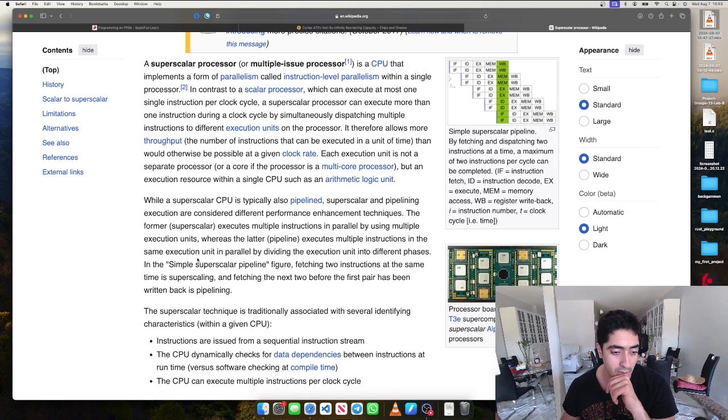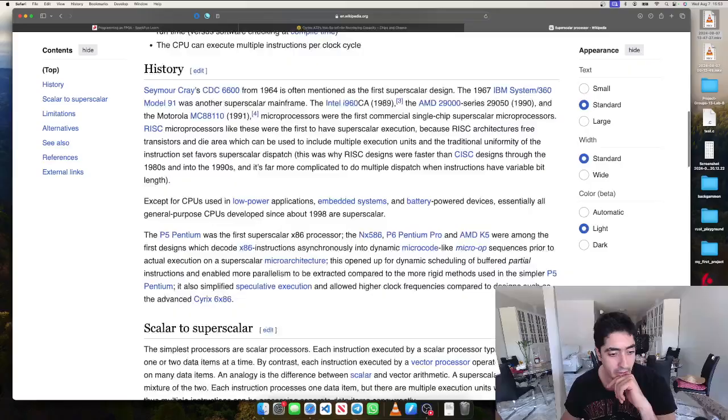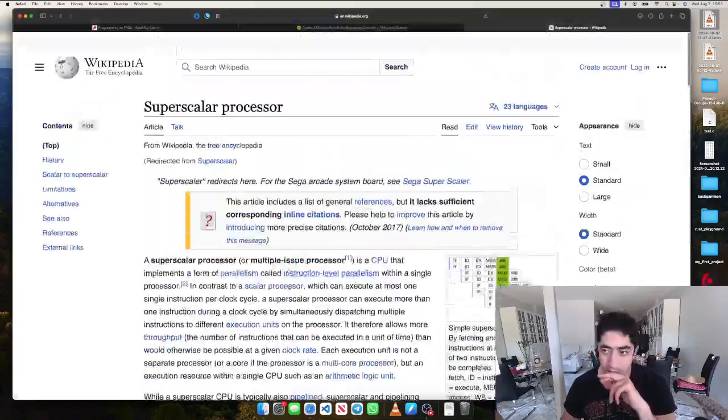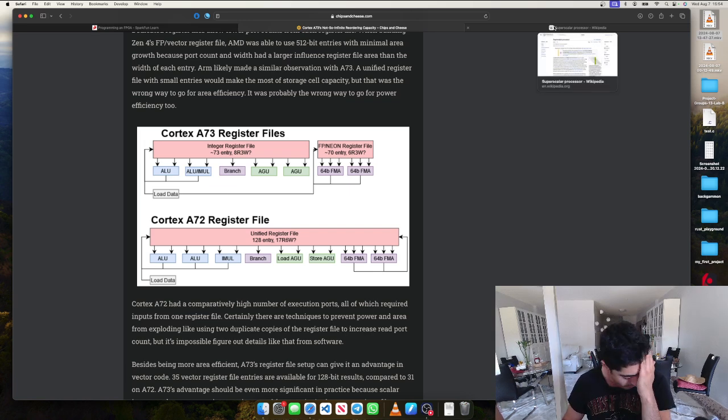In the simple superscalar pipeline figure, fetching two instructions at the same time is superscalar, and fetching the next two before the first pair has been written back is pipelining. Alright. Okay. So, superscalar pipelining. Do you get that? And they have more throughput.